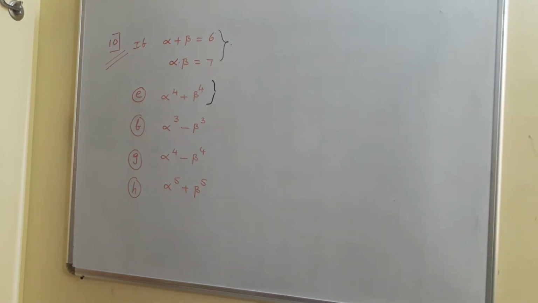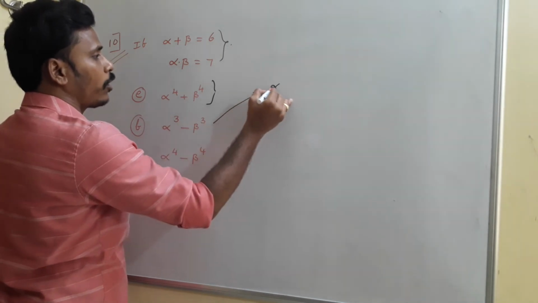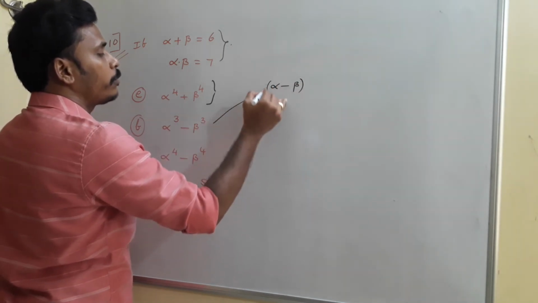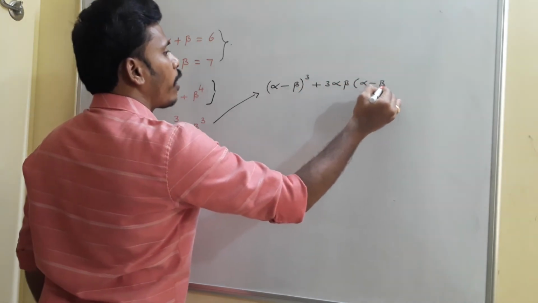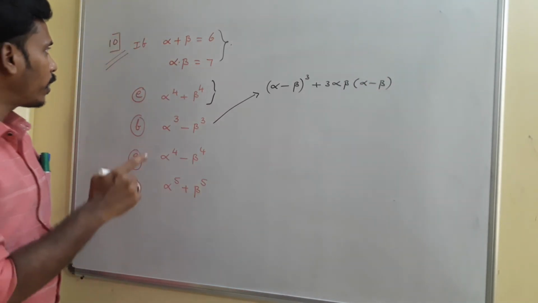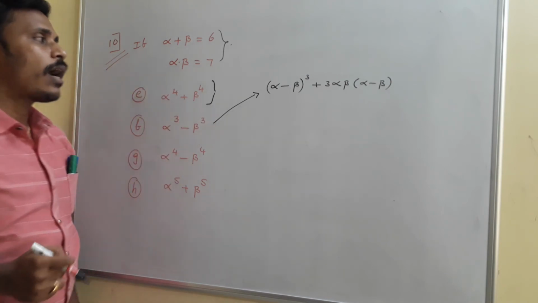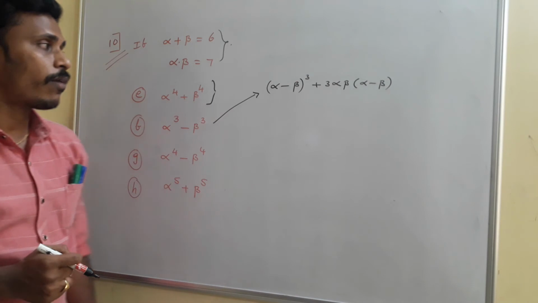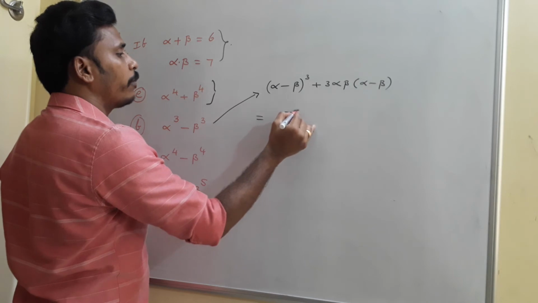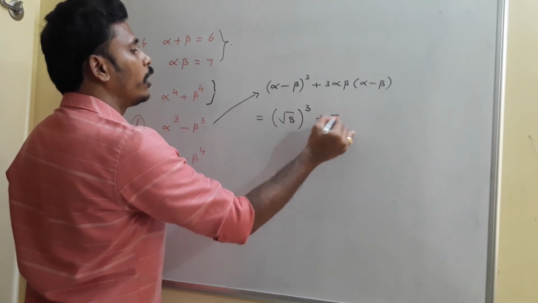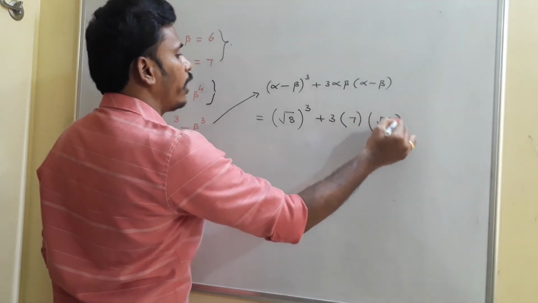Then alpha cube minus beta cube. But for alpha cube minus beta cube we should use the direct formula. What is the formula for alpha cube minus beta cube? Alpha minus beta whole cube plus 3 alpha beta of alpha minus beta. We discussed this in the 8th point, okay? Those formulas must be remembered. Alpha minus beta we found as root 8, so root 8 whole cube plus 3 into alpha beta, which is 7, into alpha minus beta, again root 8.